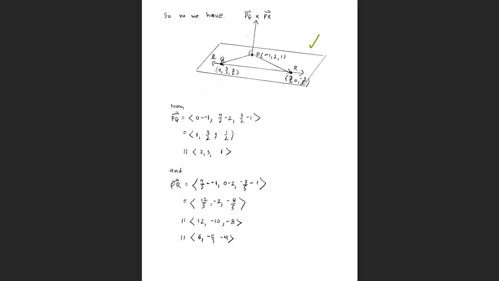Well, we have 2 vectors in the plane: the vector PQ and the vector PR. So we're just going to find out what those vectors are by subtracting coordinates.